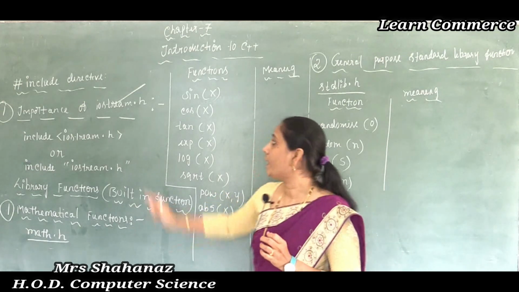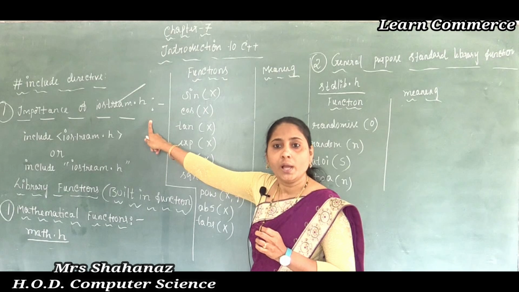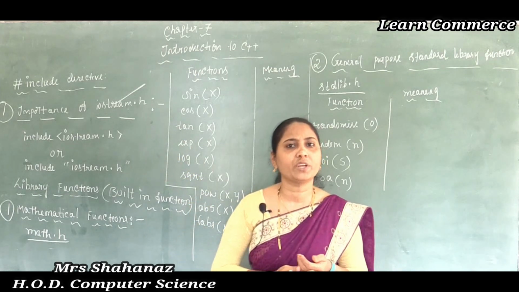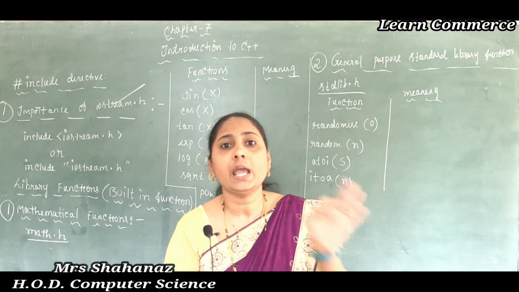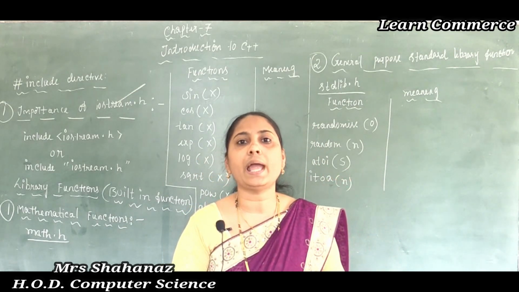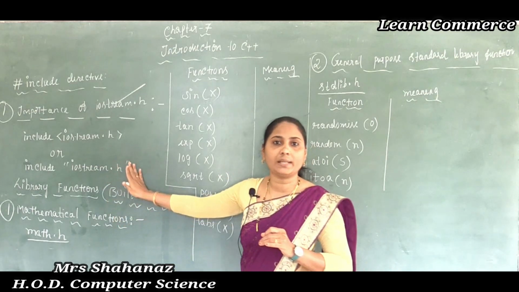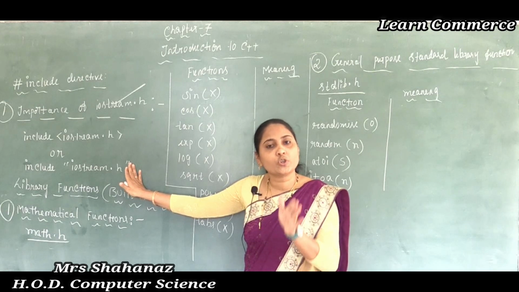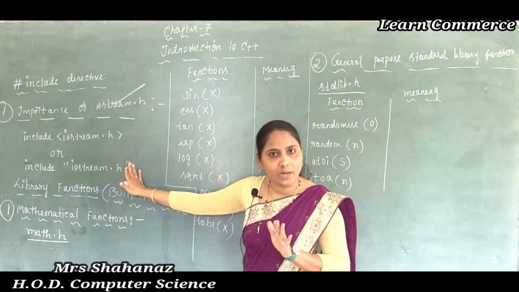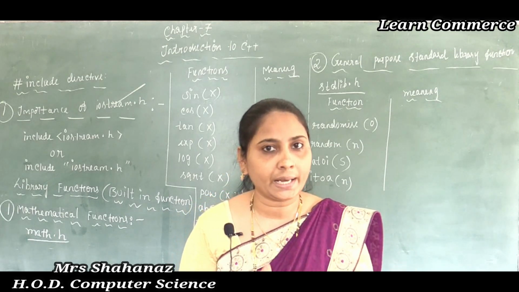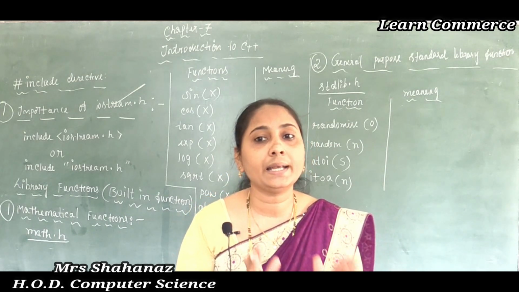So we can say that the hash include directive, for example iostream.h, or any type of directive, instructs the compiler to read and include another file in the current file. That means if any program is written, the compiler reads such a program and later includes the file in our current directory.